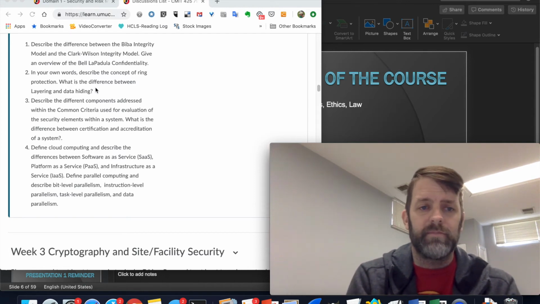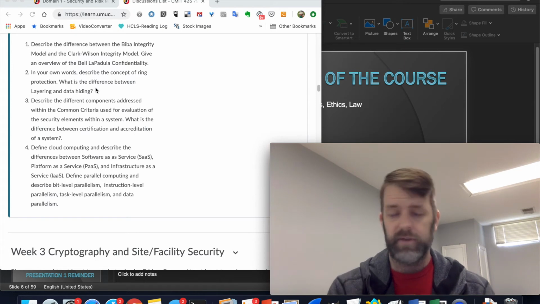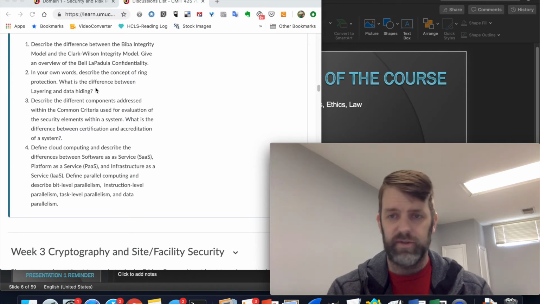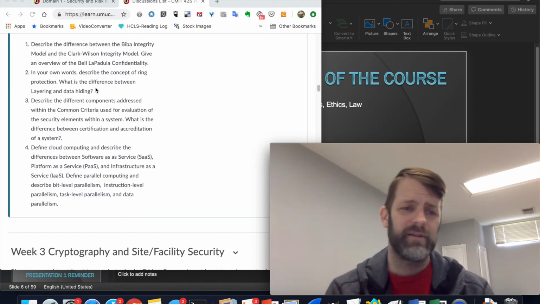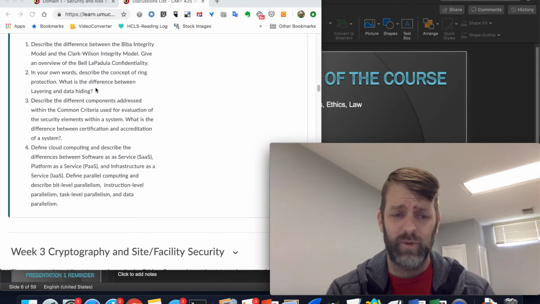The Clark-Wilson integrity model is more based on procedural trust, that you implement procedures for how transactions or actions that modify data get taken. This is more of a data science, database kind of thing. So if you're not into databases and data science, it doesn't really make that much sense.